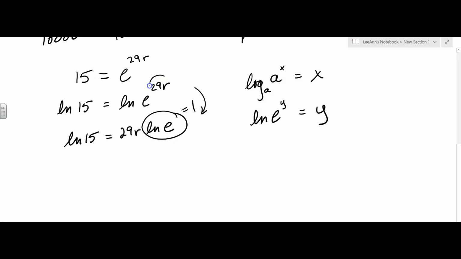So right here, I can just say that whole thing on the right is just going to be that exponent, 29r. That would save me a little bit of time. Okay, so now I have the natural log of 15 equals 29r. So I want to solve for r. I'm going to divide both sides by 29. And r is going to be, now, this is the exact answer, natural log 15 over 29.